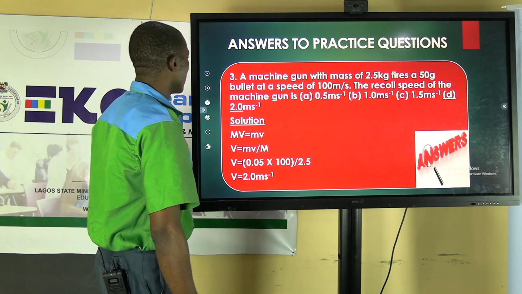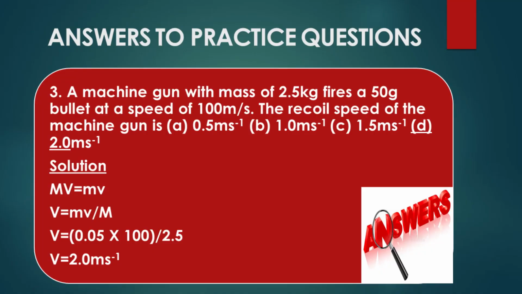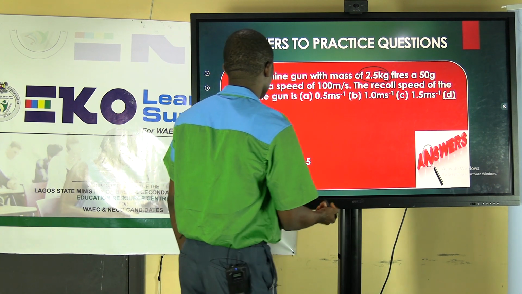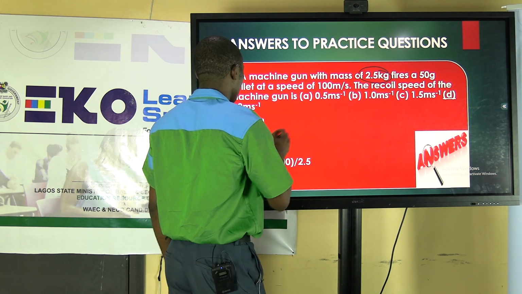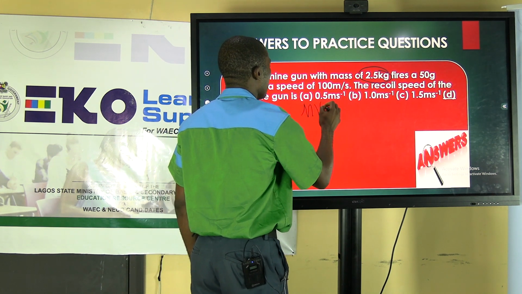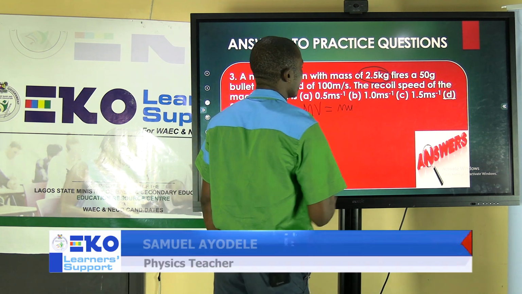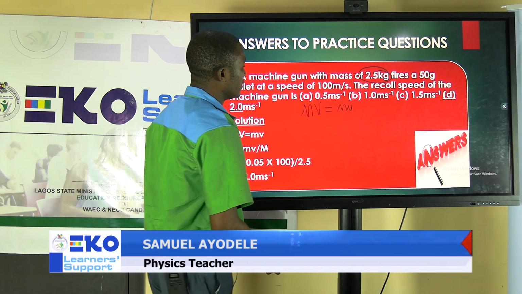The last question. A machine gun with mass 2.5 kilogram fires a 50-gram bullet at a speed of 10 meters per second. The recoil speed of the machine gun is the question we have to calculate. So from here, you know that momentum of the gun will be equal to momentum of the bullet.